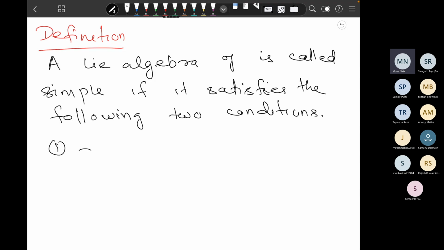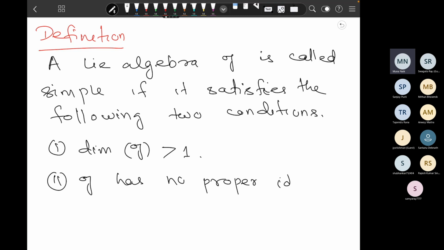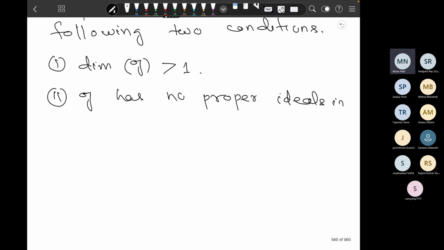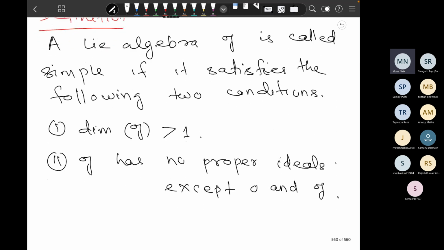First, the dimension of g you have to assume is greater than 1. Second, g has no proper ideals, that means 0 and g are the only ideals.